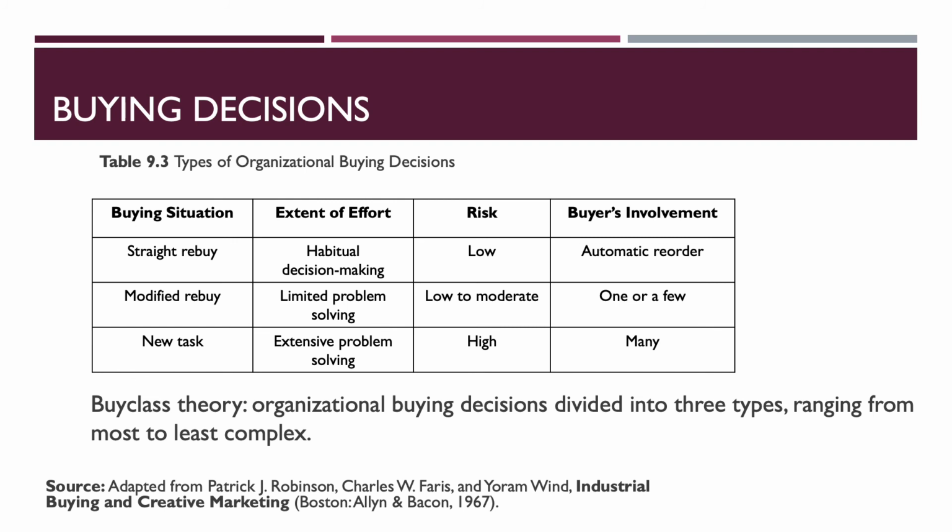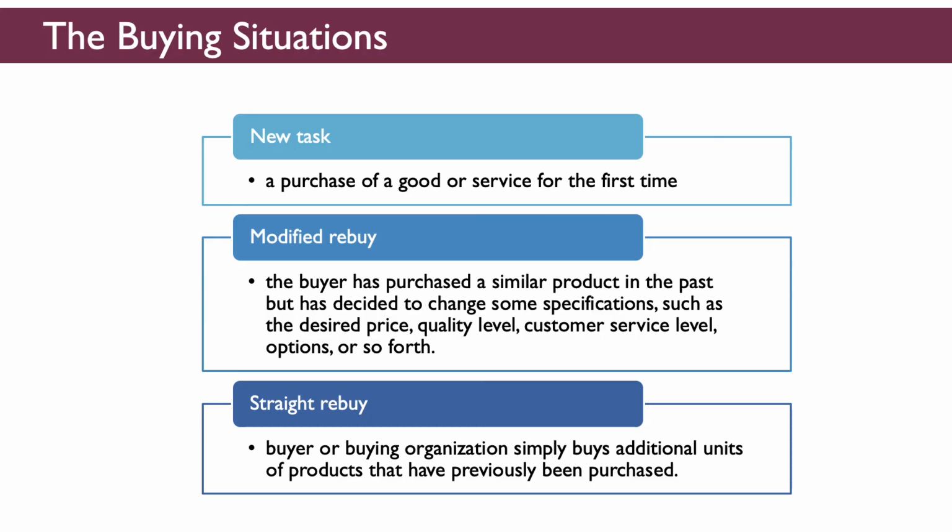When there is a new task, the extent of effort needed is extensive problem solving, so too much information search, too much effort, because the risk of purchase is high, and many buyers are involved in the decision. So again, when there is a new task, the purchase of a good or service is done for the first time. That's why it needs to involve many buyers, many decision makers.